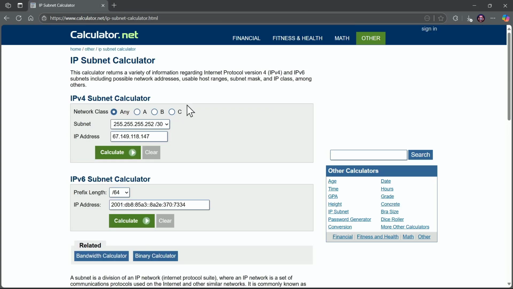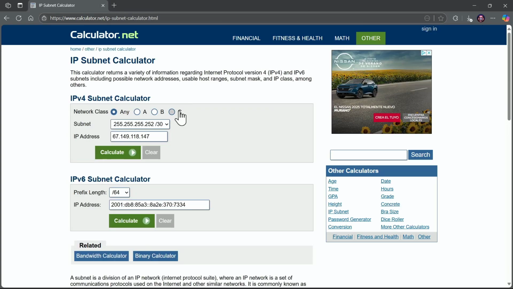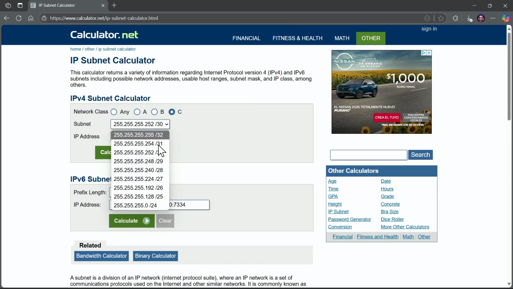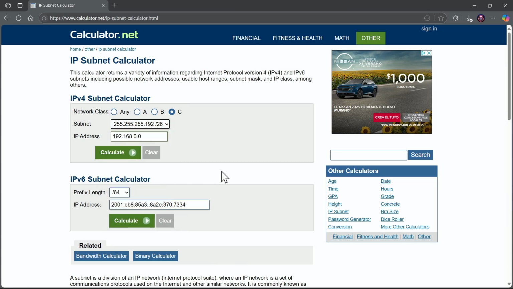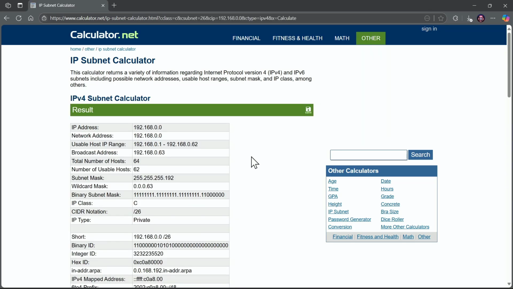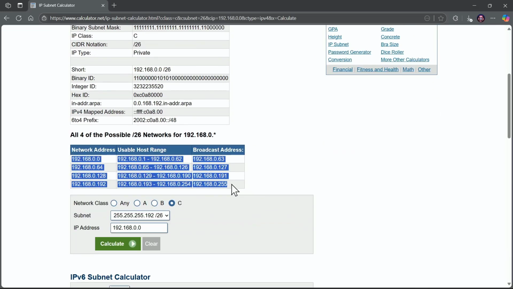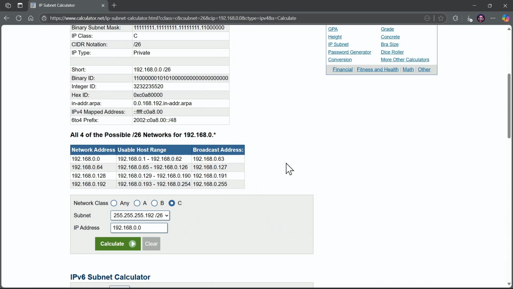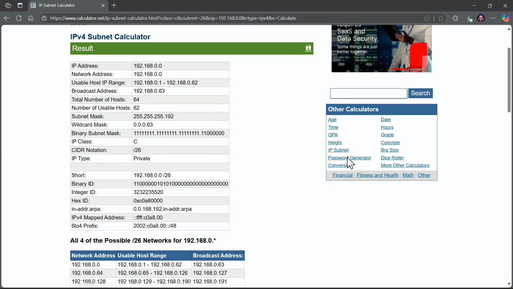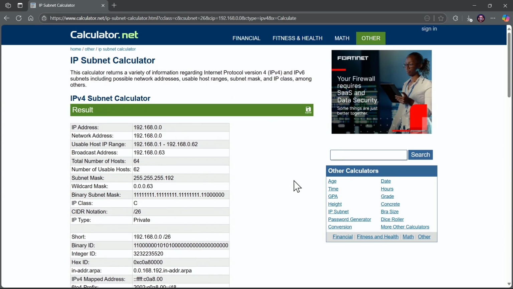You'll quickly decide on your favorite one, and you'll go in and say, okay, I have a Class C of 192.168.0.0, and I want to use a /26 mask. Go ahead and calculate this for me, and notice it's going to give us our 4 networks, the broadcast addresses for those networks, and the usable host range. So you are going to be able to check your work with an IP subnet calculator.